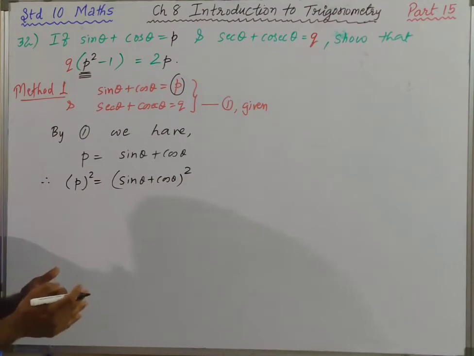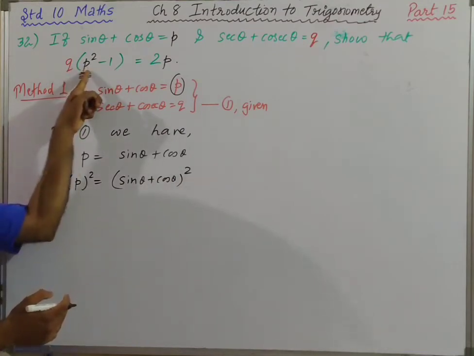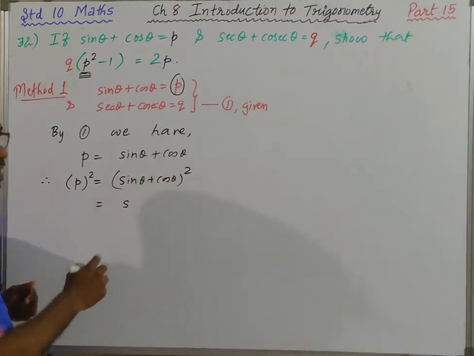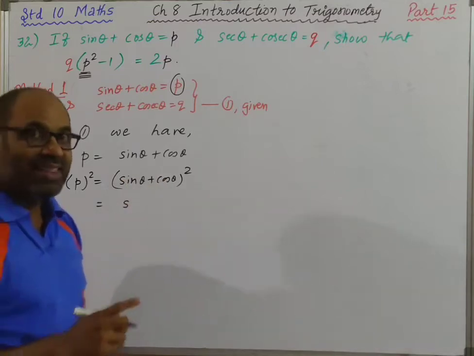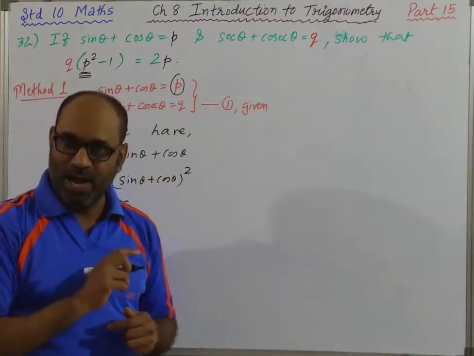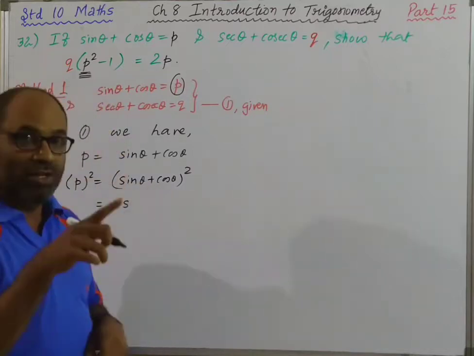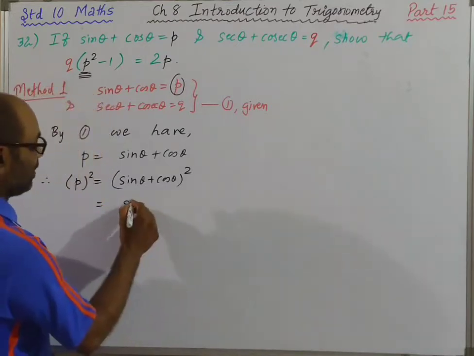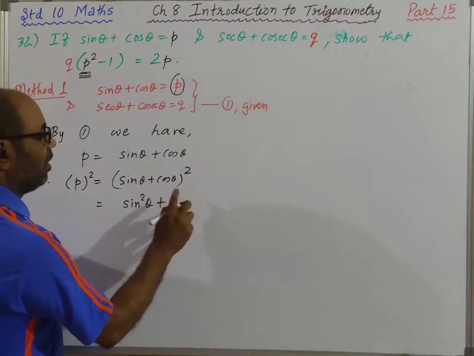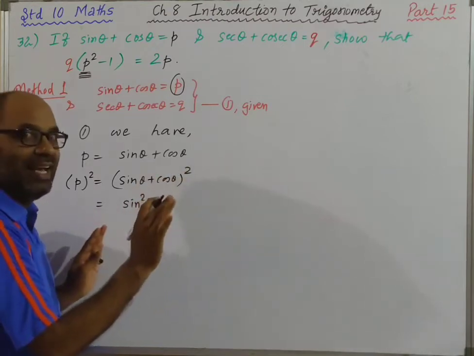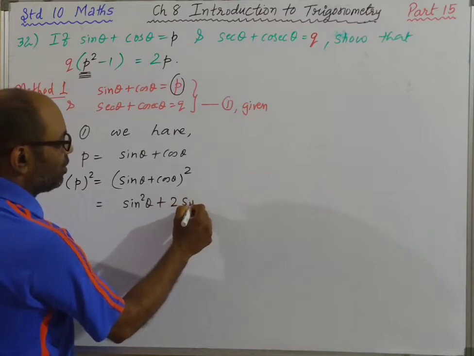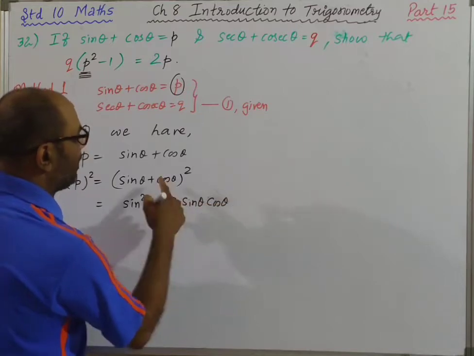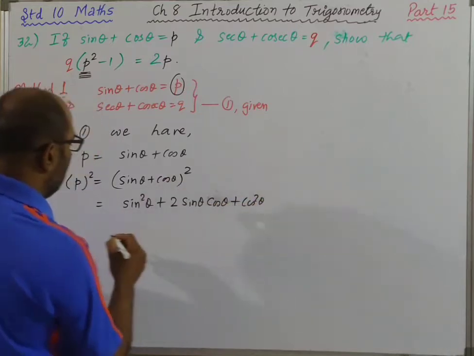So धीरे धीरे कंस्ट्रक्शन शुरू हो गया है. P square मिल गया है लेफ्ट हैंड साइड वाला. ओके, राइट हैंड साइड क्या मिलता है? स्क्वायर ऑफ अ बाइनोमियल: a plus b whole square, that is a square plus 2ab plus b square, or x plus y whole square, that is x square plus y square plus 2xy. So this is sine square theta plus cos square theta, and the middle term 2 into sine theta into cos theta.